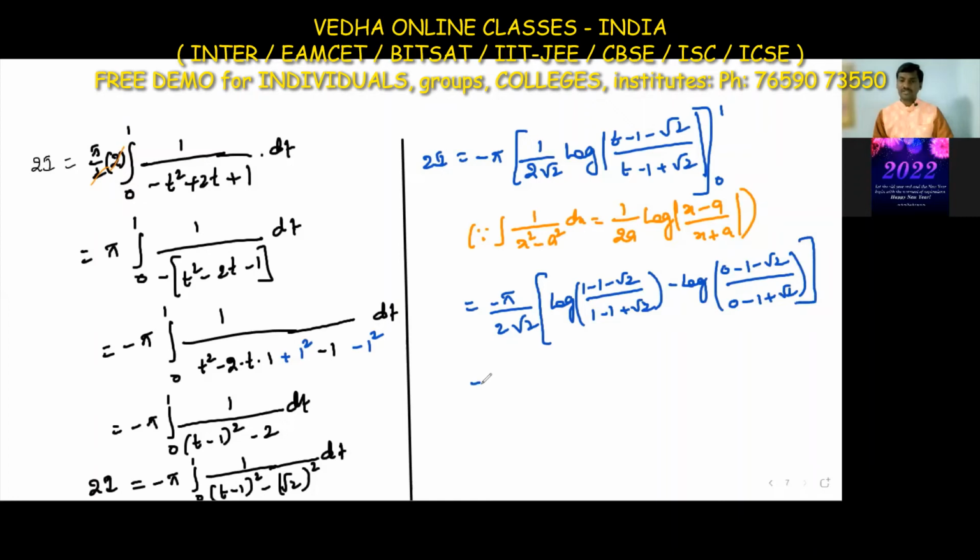Now this is equal to minus 5 divided by 2 root 2 into log of, so what can we cancel here? Minus 1 plus 1 cancels, minus 1 plus 1 cancels. After that we write minus root 2 divided by root 2.